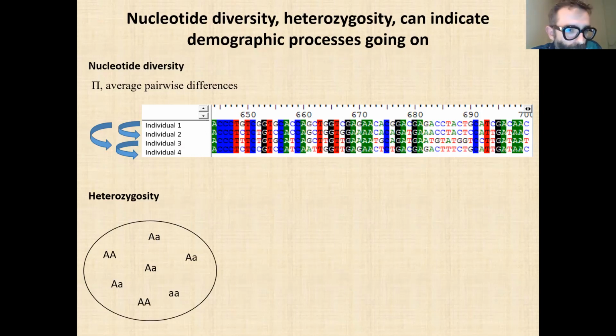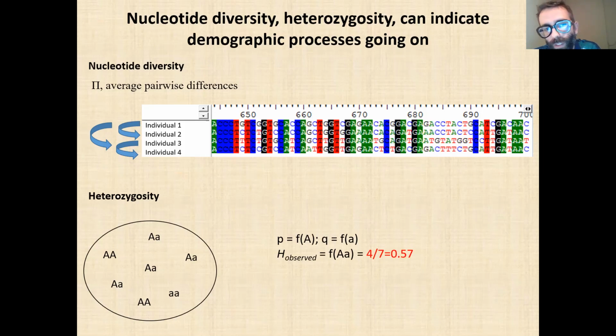We can then do another thing, which is measuring heterozygosity. So we have several genotypes here: homozygotes big A, homozygotes small a, or heterozygotes. We can measure the frequency of alleles and the frequencies of genotypes.